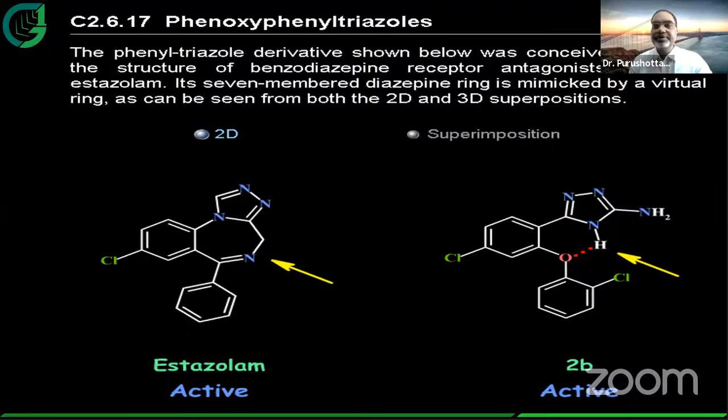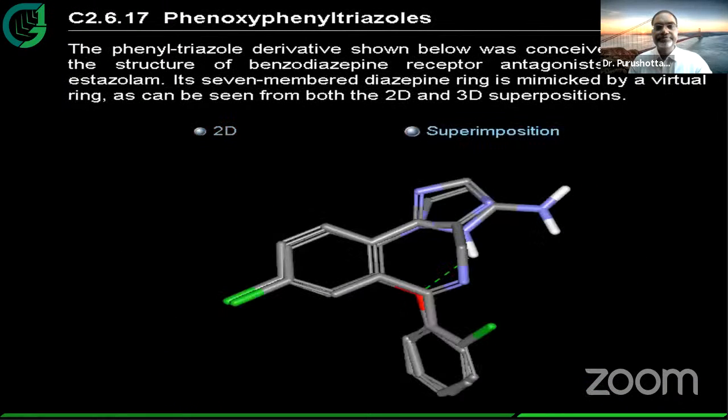This compound is actually the benzodiazepine receptor antagonist. In the superimposition it is shown that the molecules are geometrically matching each other, and the mimicking is almost perfect.